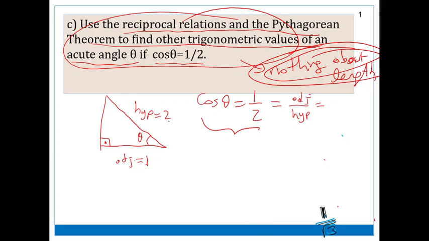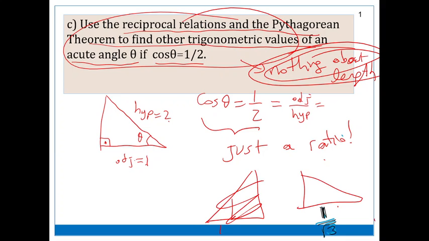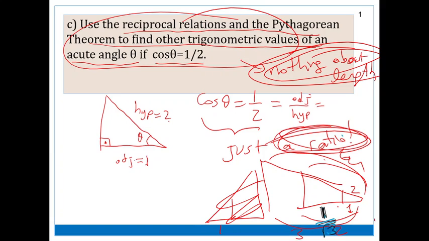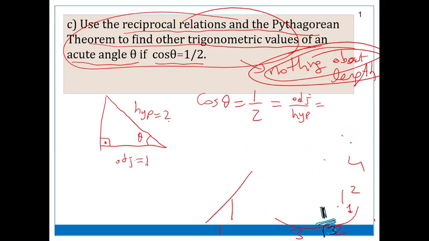What I mean here is that the real triangle might be like 1, 2, like 2, 4, or like 3, 6. I'm talking about just the ratio. So if the length is involved, you cannot use this method.